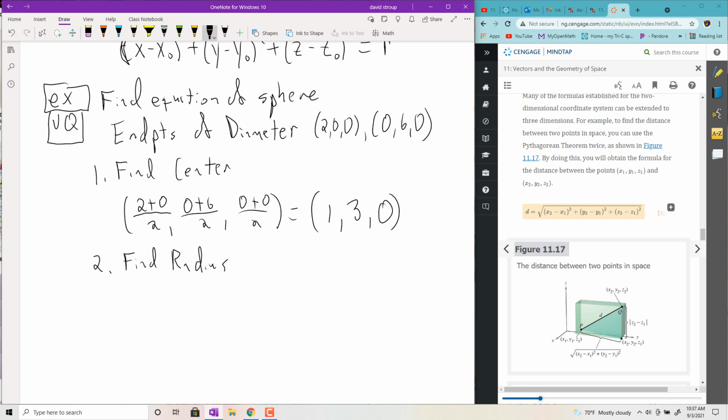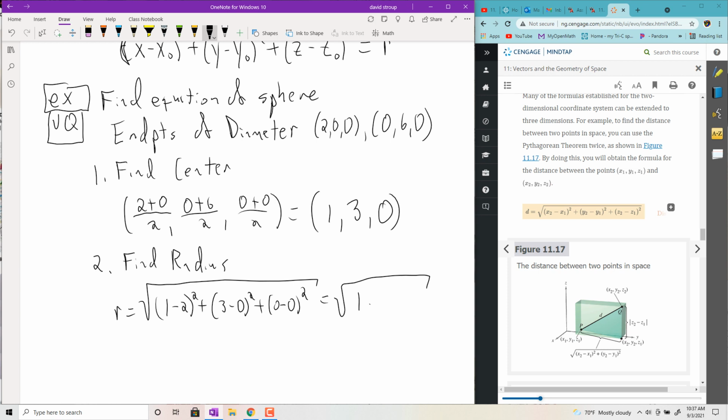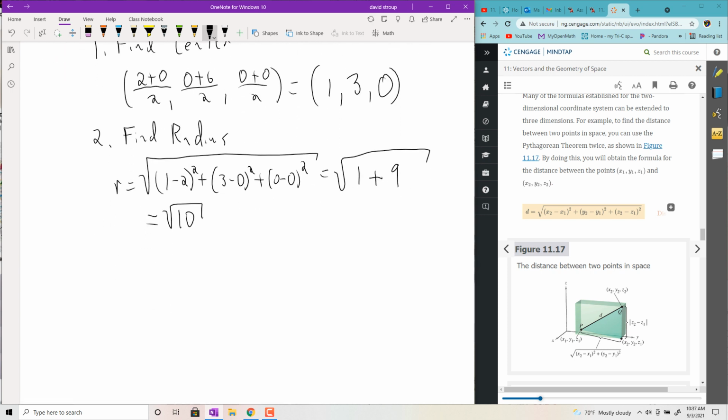So the radius will be the square root of, starting with the center, 1 minus 2 squared plus 3 minus 0 squared plus 0 minus 0 squared. 1 minus 2 is -1, -1 squared is 1, 3 minus 0 is 3, 3 squared is 9. So it looks like my radius is square root 10. And then finally they want the equation.